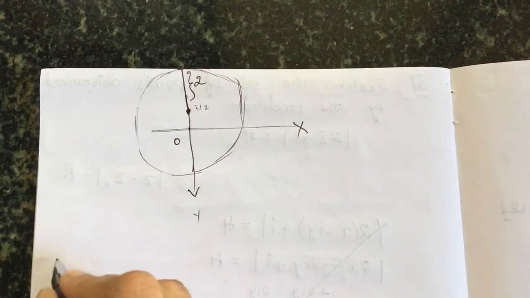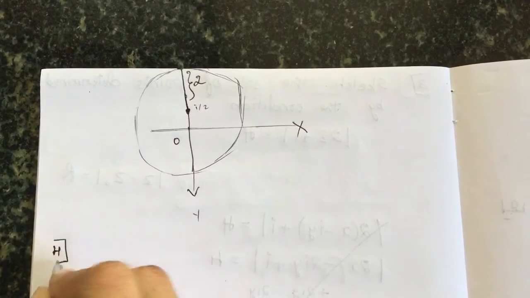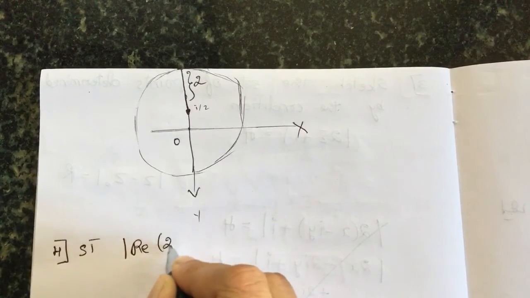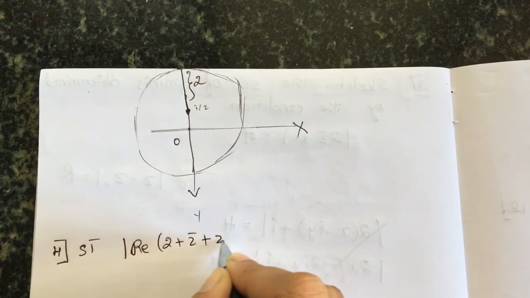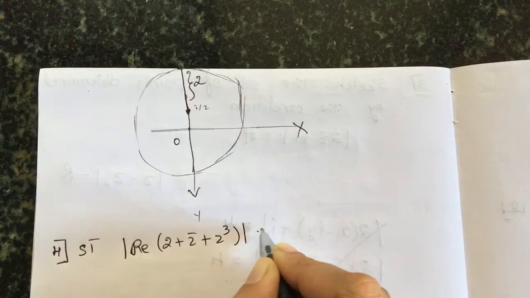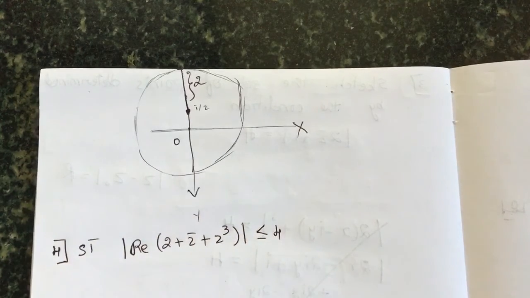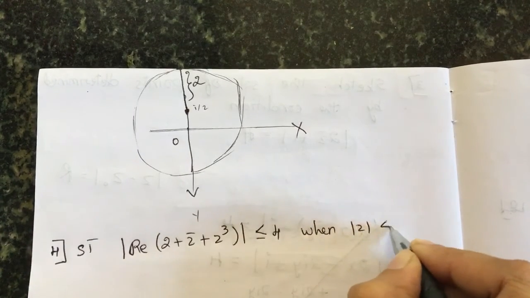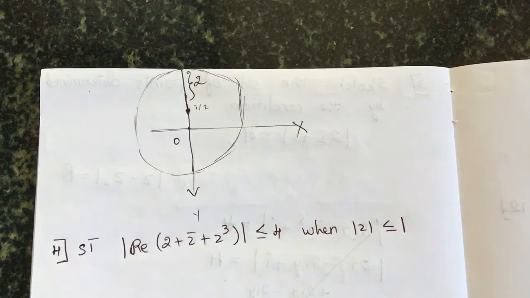Show that modulus of real part of 2 plus z bar plus z cube is less than or equal to 4 when mod z is less than or equal to 1.